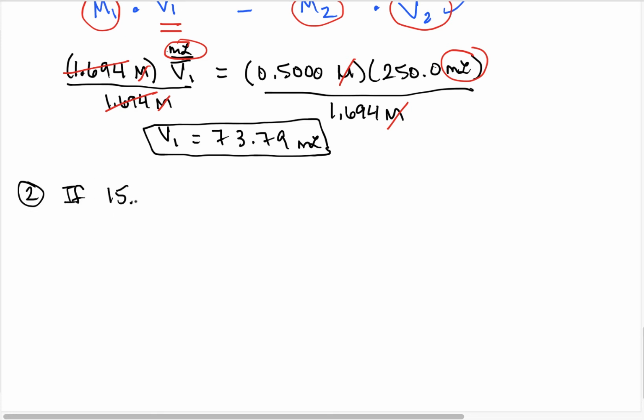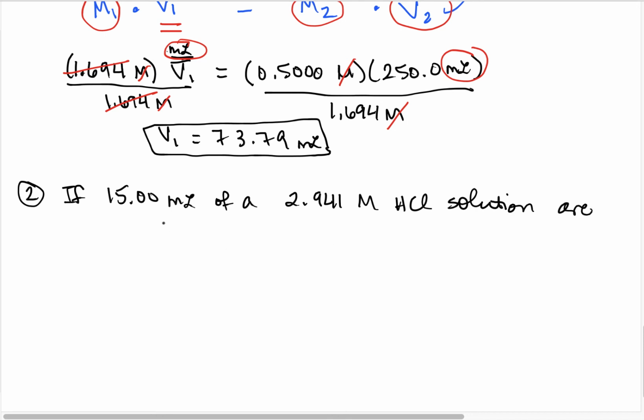If 15 milliliters of a 2.941 molar HCl solution are diluted to 100 milliliters, what is the concentration?